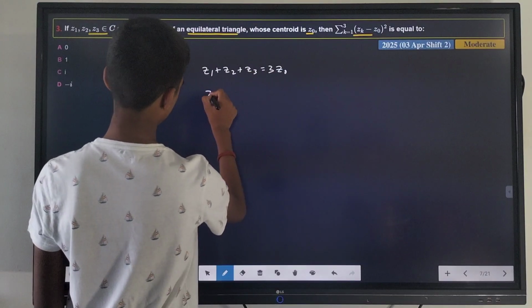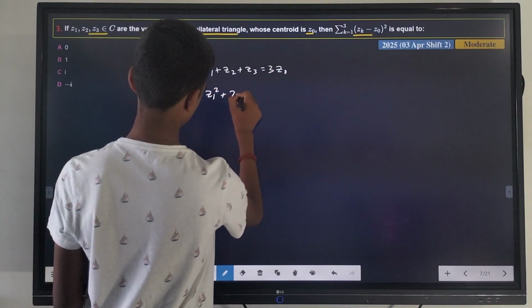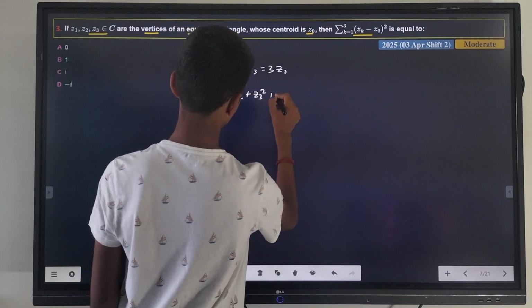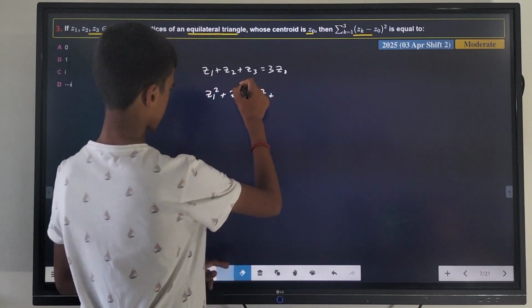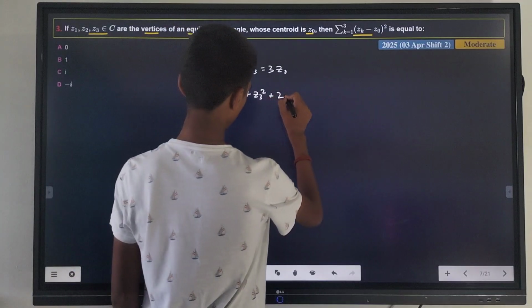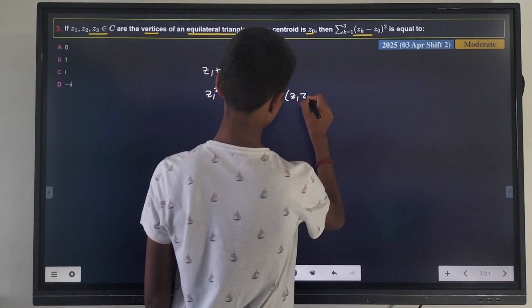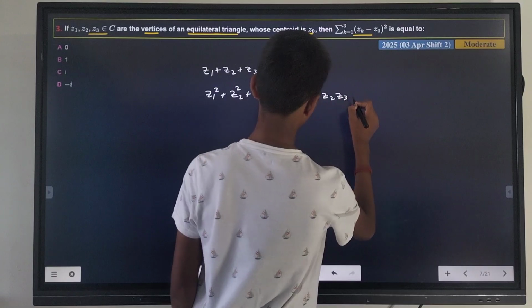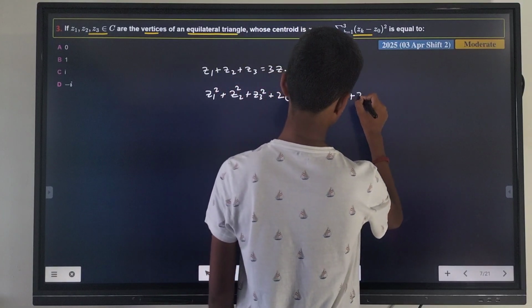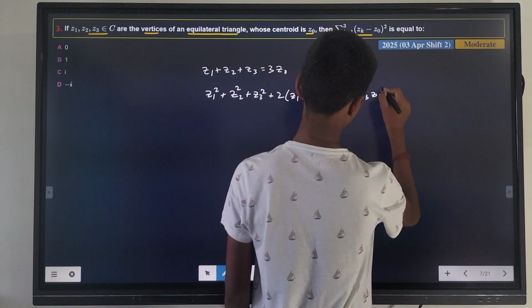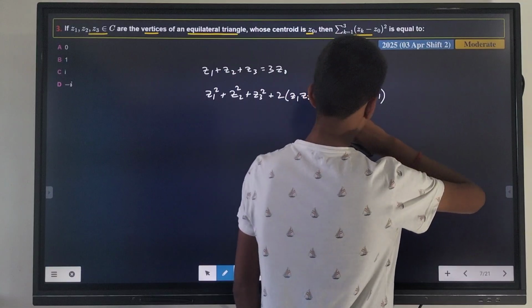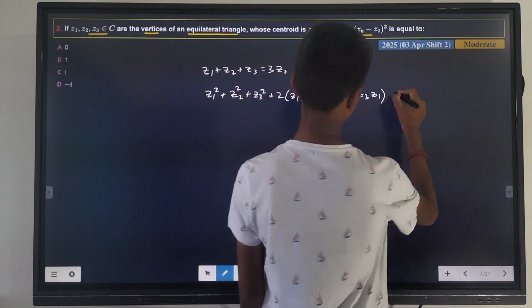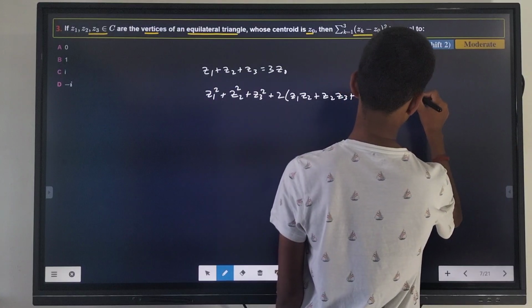Both sides we will get z1 square plus z2 square plus z3 square plus 2 times (z1 z2 plus z2 z3 plus z3 z1) is equal to 9 z0 square.